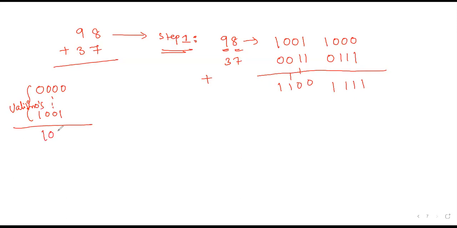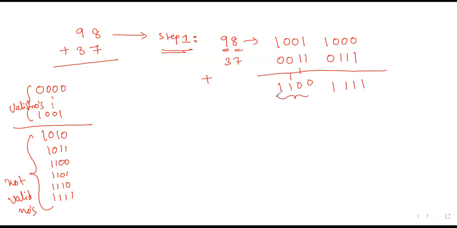See, in BCD code, only 0000 to 1001 are valid numbers, and these are not valid numbers. This is not a valid number, and this is not a valid number. Both are not valid numbers.